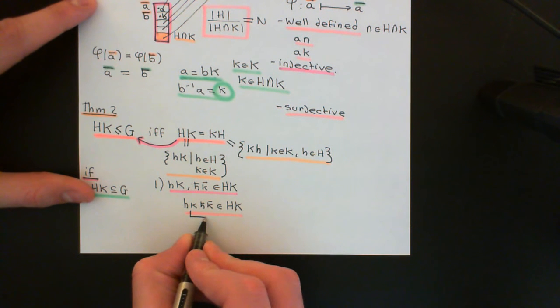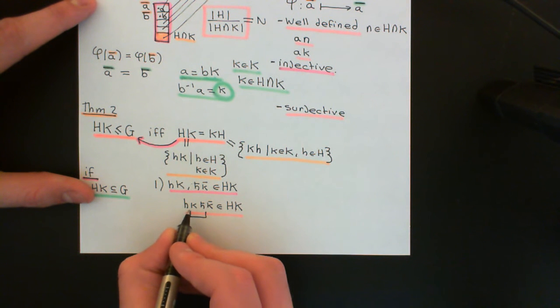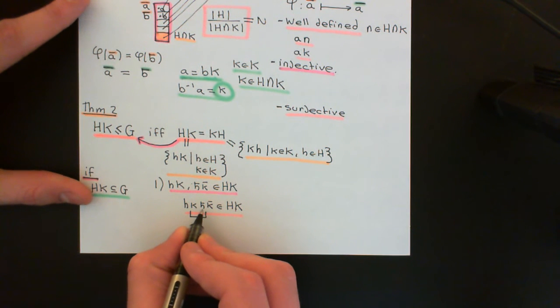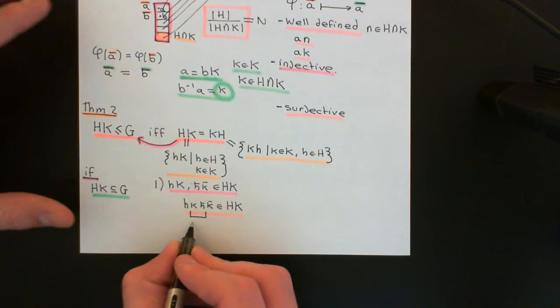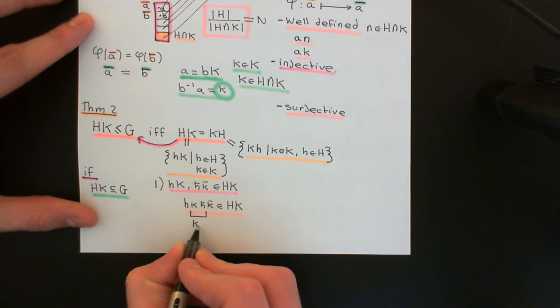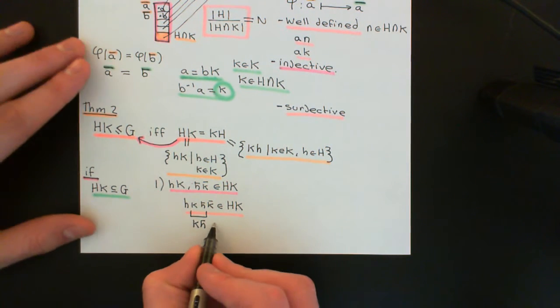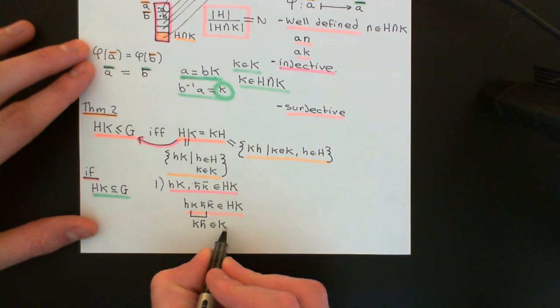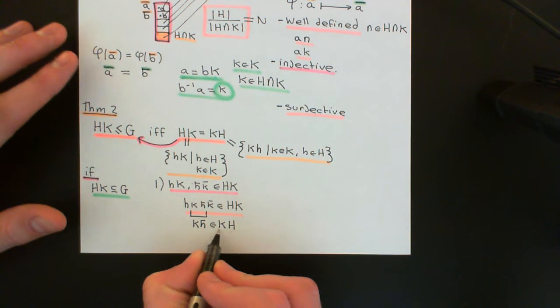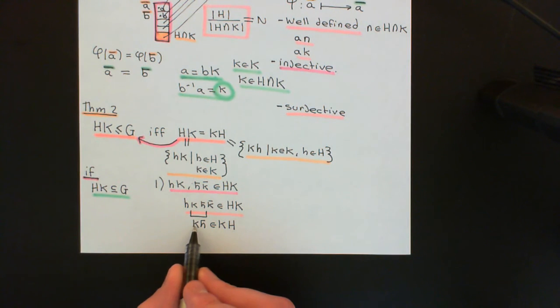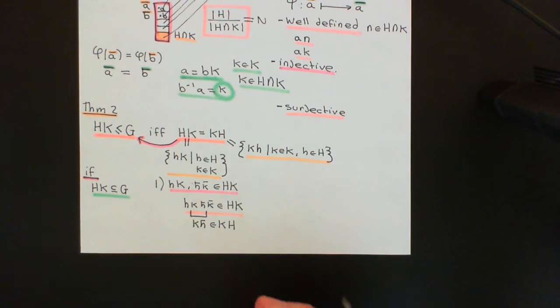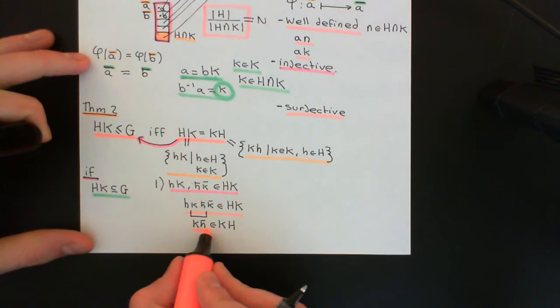Look at this portion in the middle. K composed with H bar. Imagine putting brackets around that, and let's think about that. That is an element, and I'll just write it out in its own right. Little k composed with little h bar here. That is an element of capital K producted with capital H here. Okay, the reason being it's just an element of capital K composed with an element of capital H. Okay, so truly it's going to be an element in there.